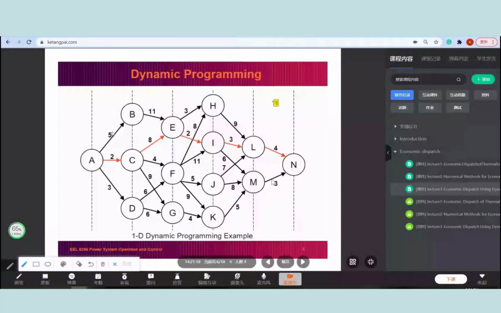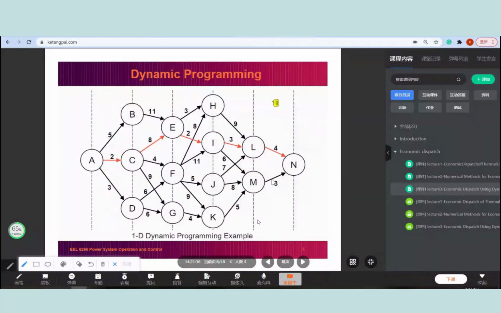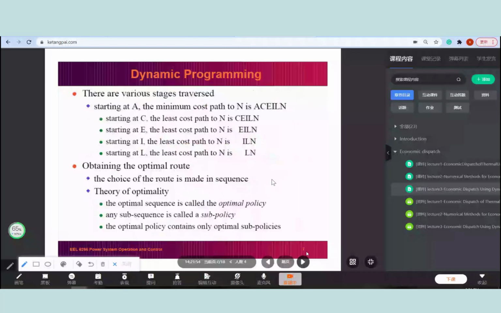So the total cost is the sum of the paths you choose to go from point A to point N. So the problem is to find the minimal cost route. For each path there is a cost, and you want to travel from A to N and find the minimal cost, so you determine which path you should choose.